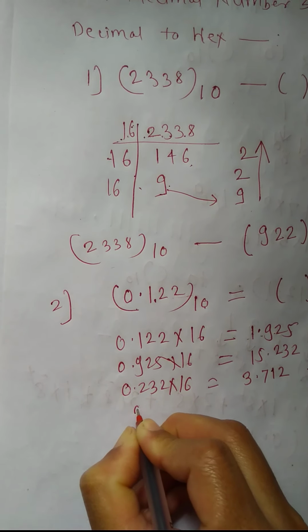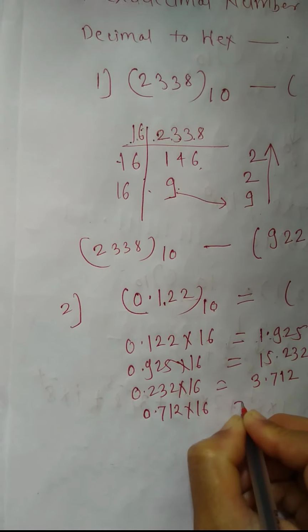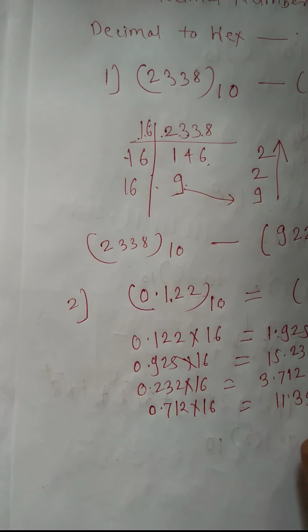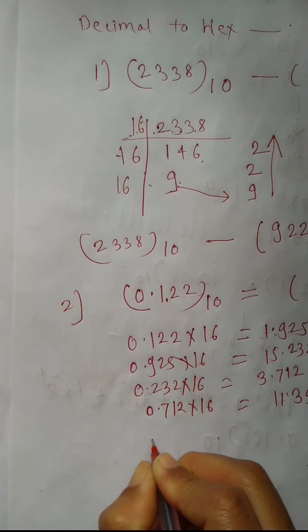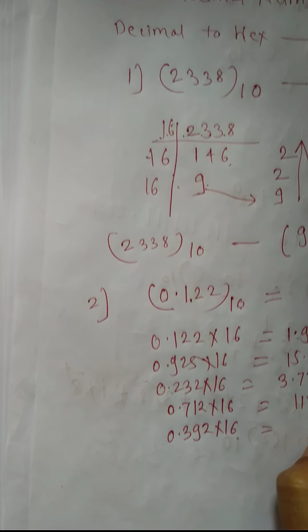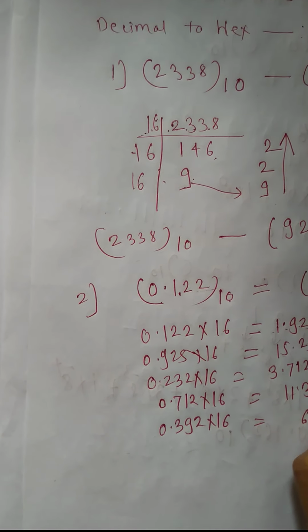Then 0.712 into 16 is 11.392. That answer 11 is recorded here, and from this 0.392 into 16, the answer is 6.272.